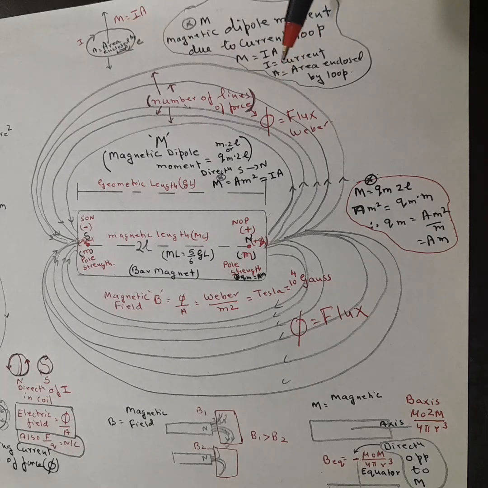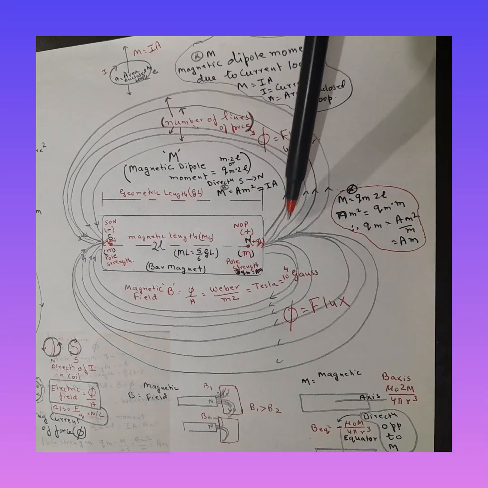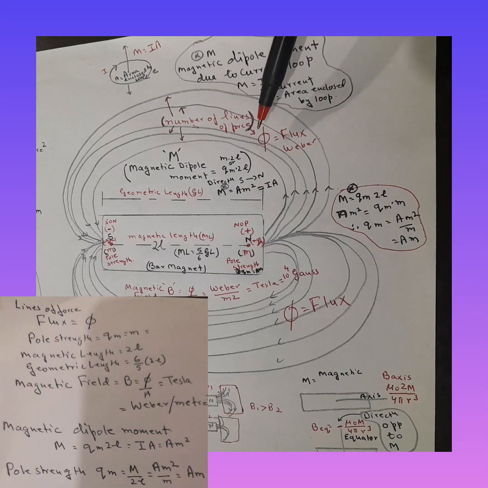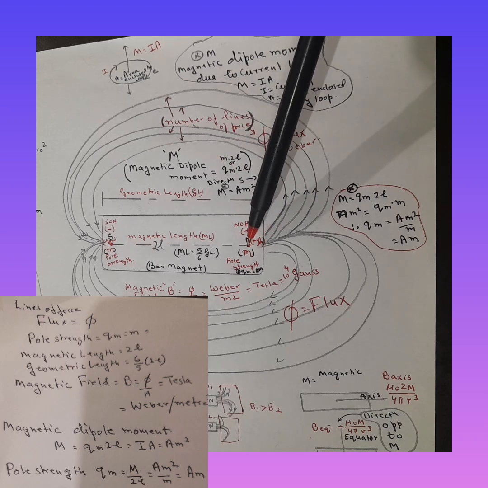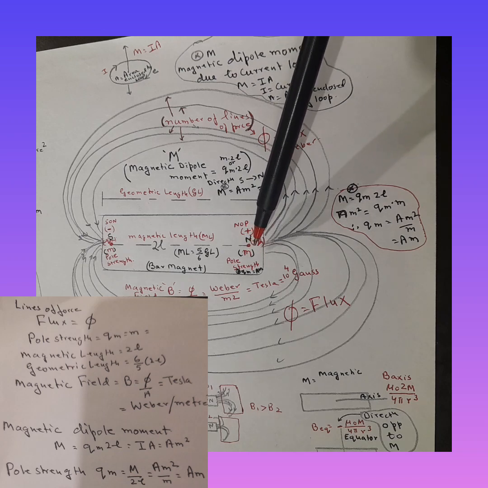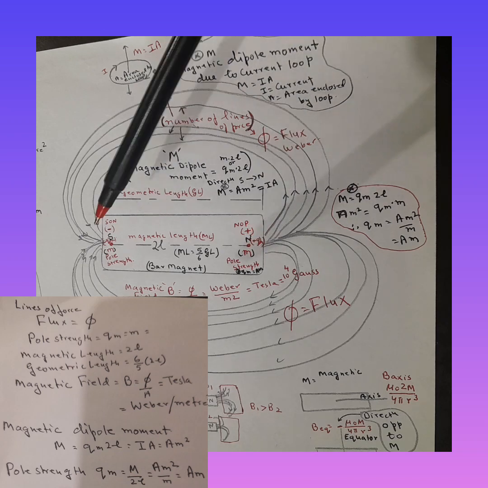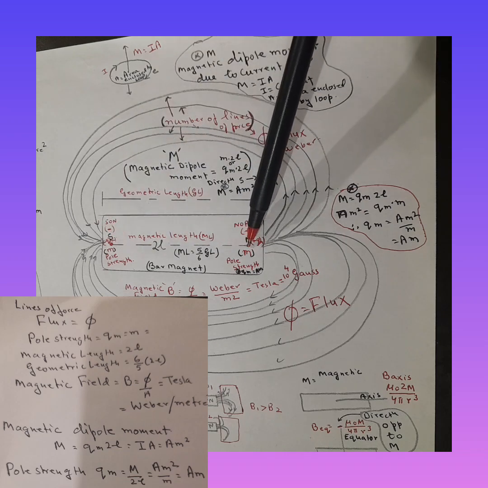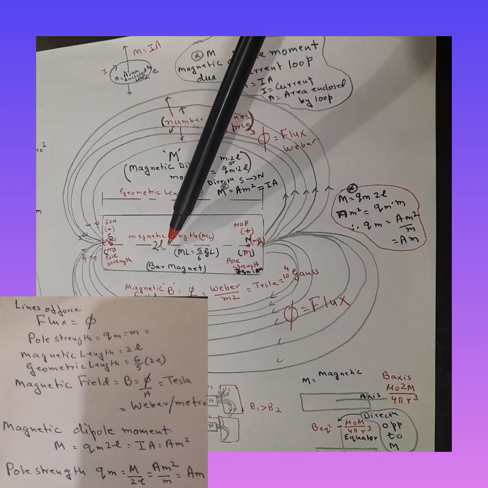Let's just recap what all we studied. To begin with, we saw lines of force called flux. Unit of flux was Weber. Then we saw pole strength, where actual strength of magnet lies, which was represented by small m or q subscript m. And then we also studied about magnetic length, which was the distance between the two pole strengths, which was 2L.